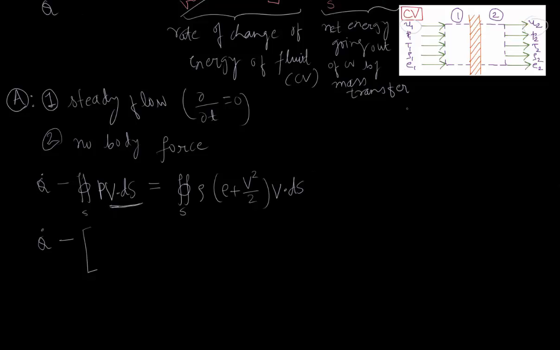So at 1, u1 is in the right direction and area a1, or we will assume that the area is constant throughout, area is in opposite direction, so it will become minus p1 u1 a1 plus, at the second point velocity is in the right direction and area vector is also in the right direction, so our dot product will become u2 into a.